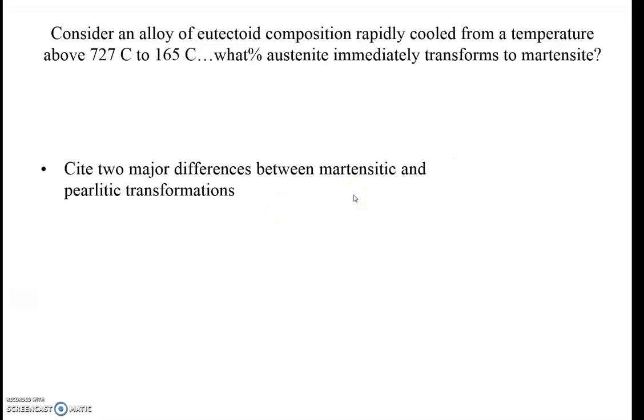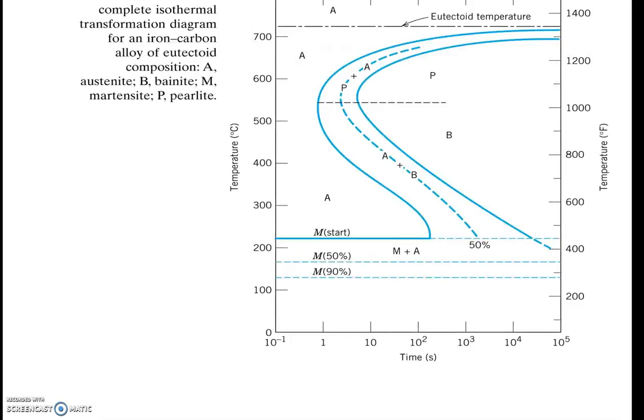Okay, so recall we said the martensitic transformation was diffusionless. We also said that when you do a rapid quenching or rapid cooling, you're coming straight down. As I come through here, and I go from M start to M 90, let's say 90 percent martensite, there's no time span, there are no time delays.